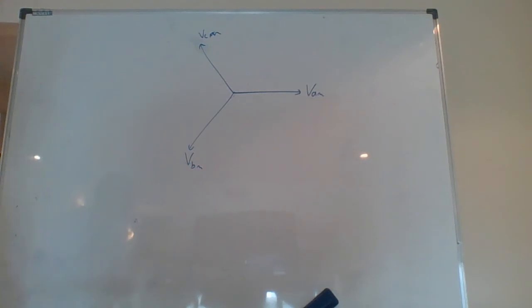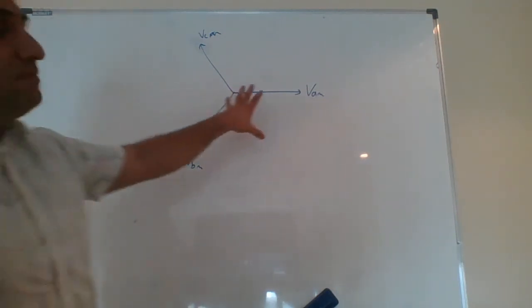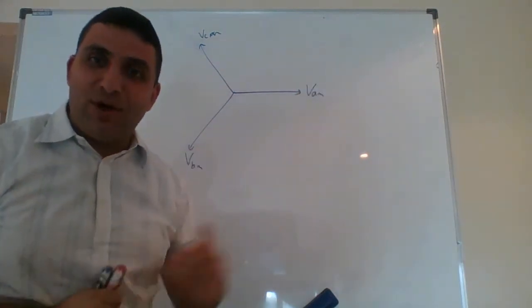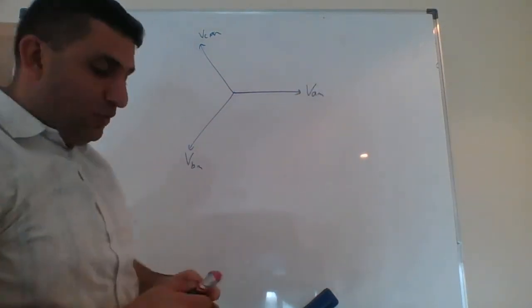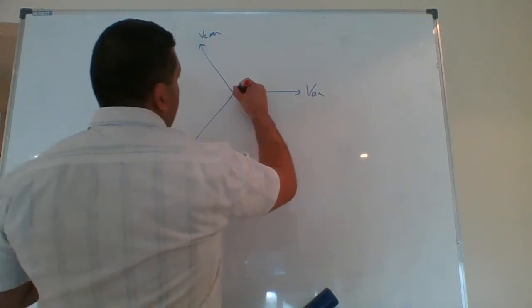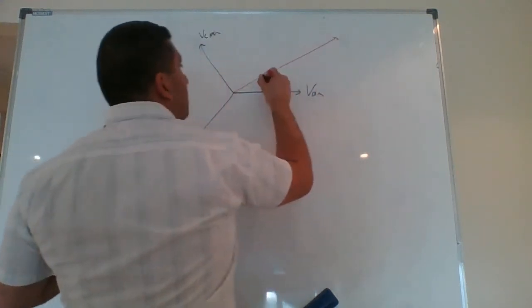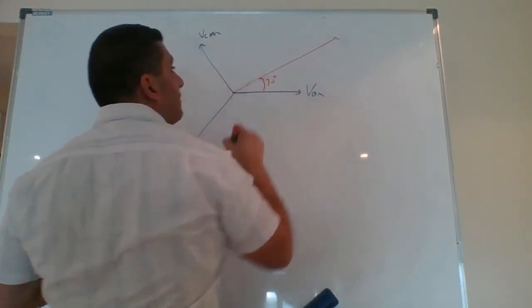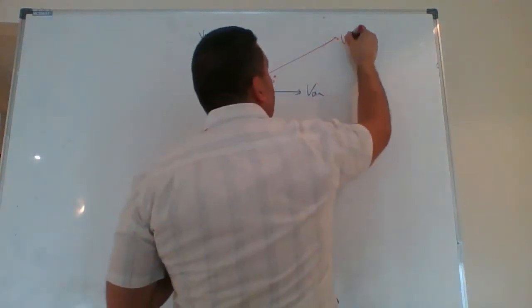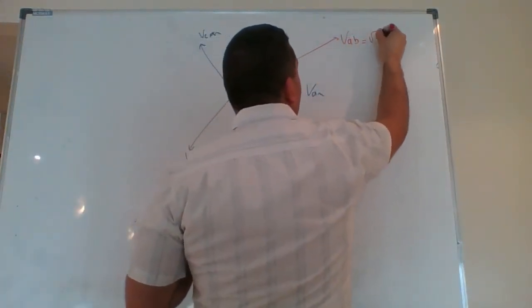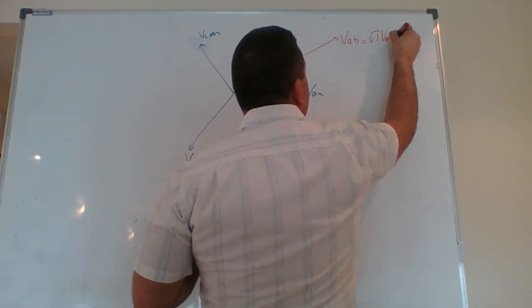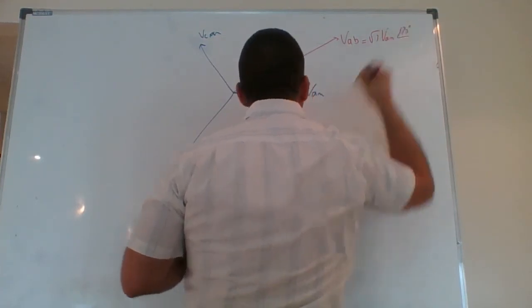That's a phasor diagram. When I want to convert this phase to a line voltage, what I have to do is shift by 30 degrees. That's VAB, equal to root 3 VAN angle 30 degrees.